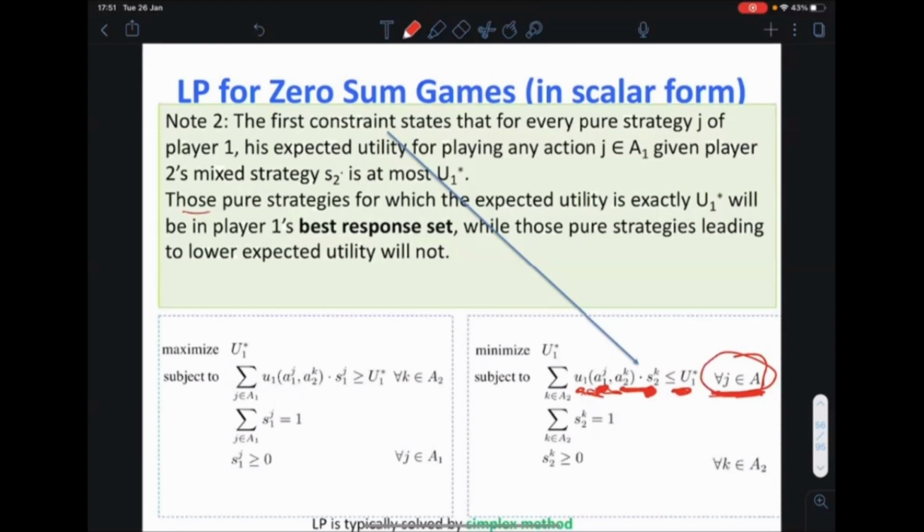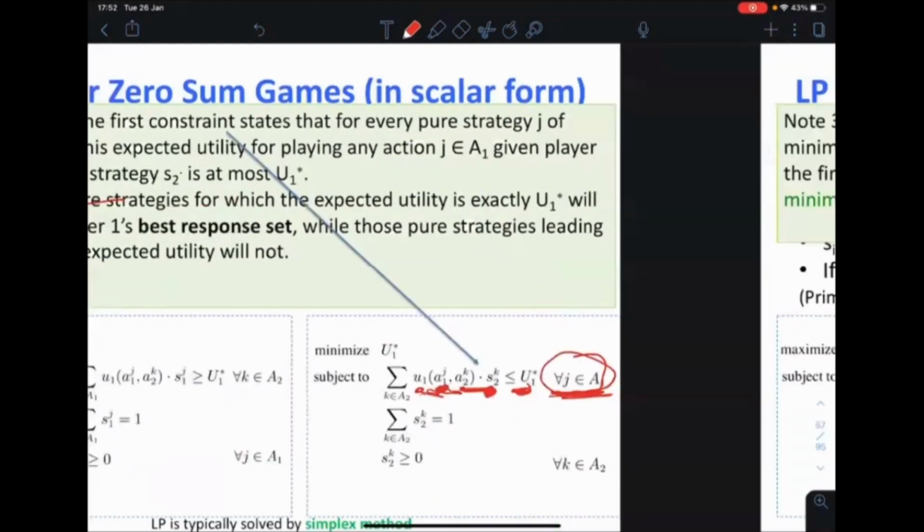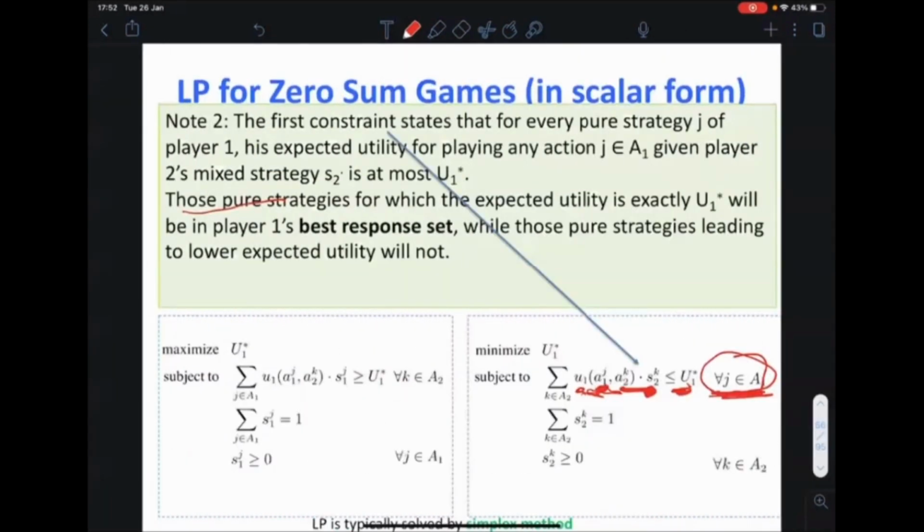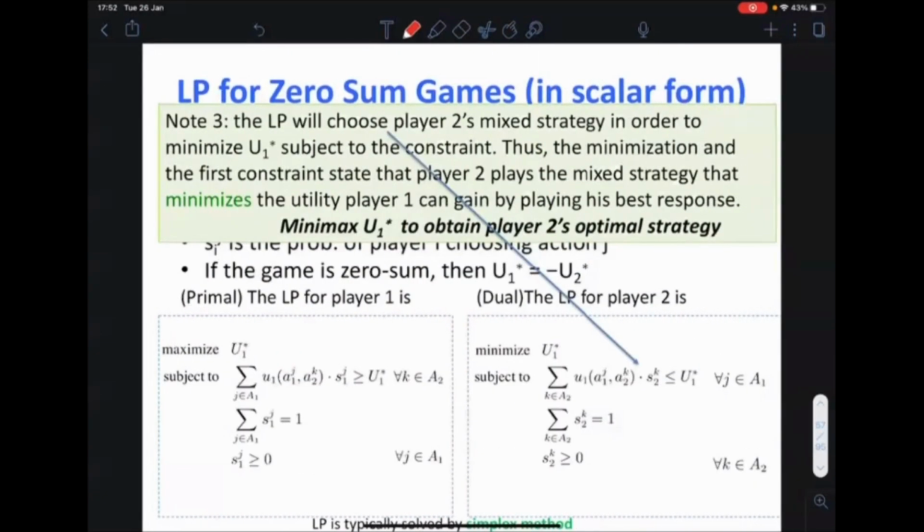Those pure strategies leading to lower expected utility will not be in it. Anything smaller than that wouldn't reach the value, so it's not in the support. Therefore, you don't put any probability at all on those pure strategies, because they cannot reach the minimum value that you want to get. So this is the concept of support and best response set, which will be useful in some analysis of the min-max solution.